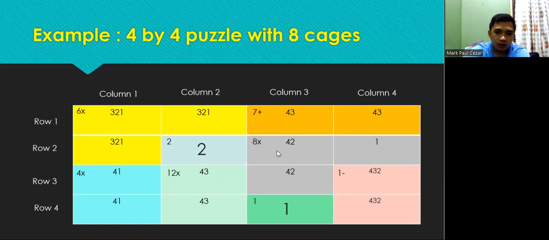That's why for this target number 8 with a mathematical operation of multiplication, what numbers could we use to have a product of 8? We can use 4 times 2. Since we have 3 boxes here, we need to include also 1. So 4 times 2 times 1 is equal to 8.